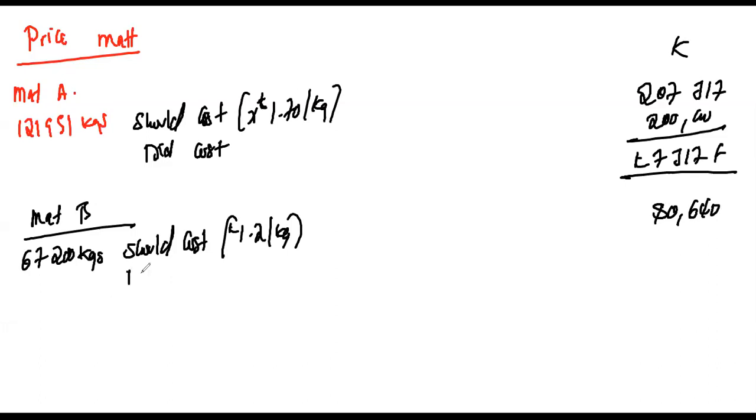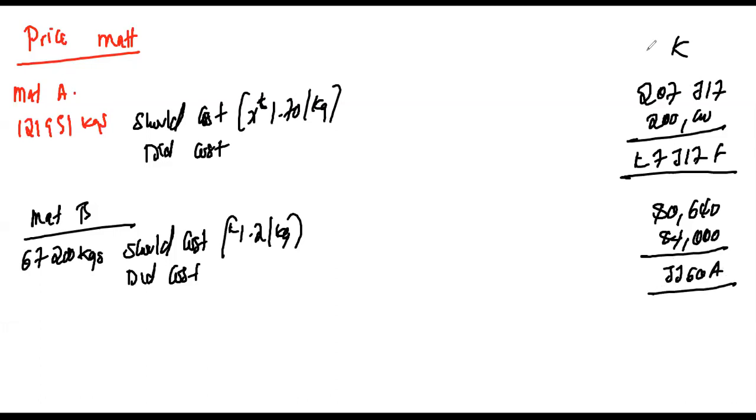But how much did it cost them? 84,000 flat. Yes. So here we have an adverse variance of how much? 3,360 kwacha adverse.